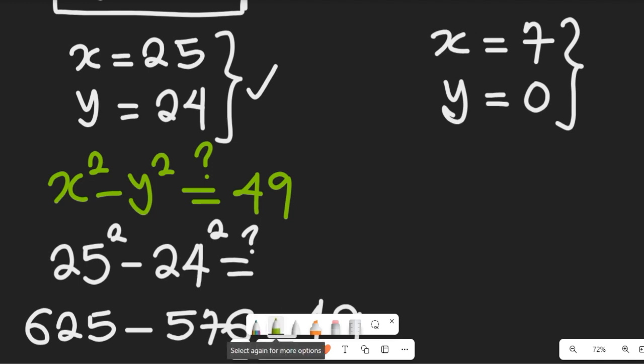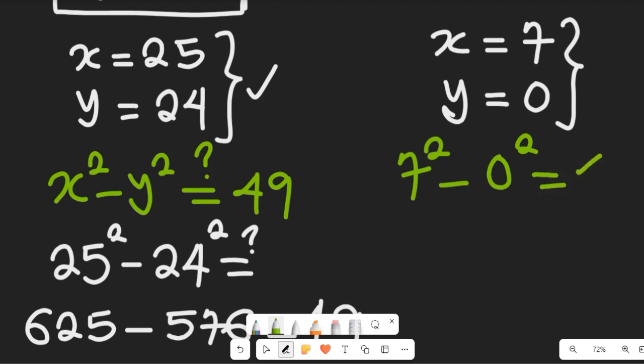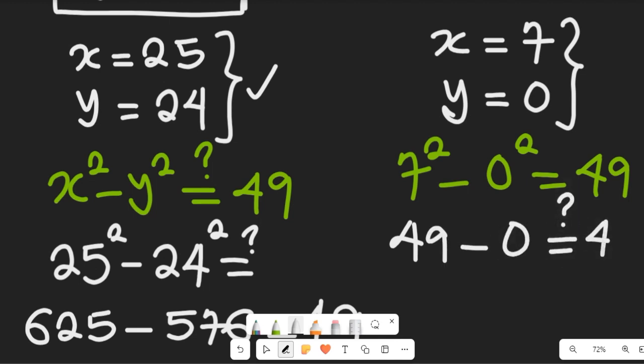Now let's turn to this. If we are given x squared equal to 7 squared minus 0 squared, will it be equal to 49? Now let's check that. 7 squared will give us 49 minus 0. Will it give us 49? So from here you see that 49 is equal to 49.